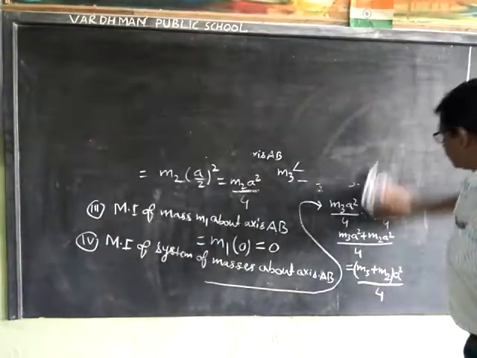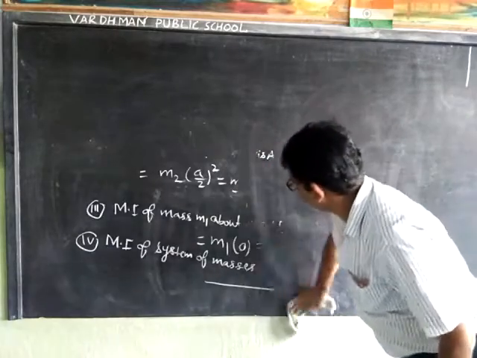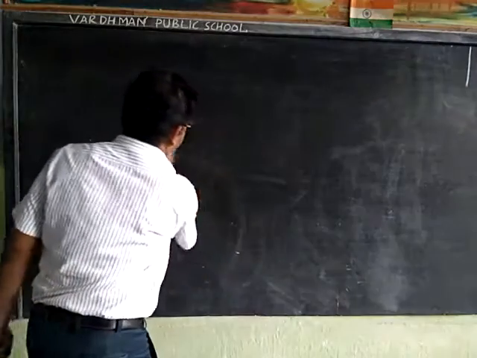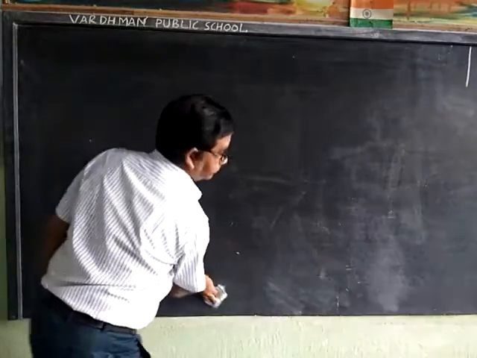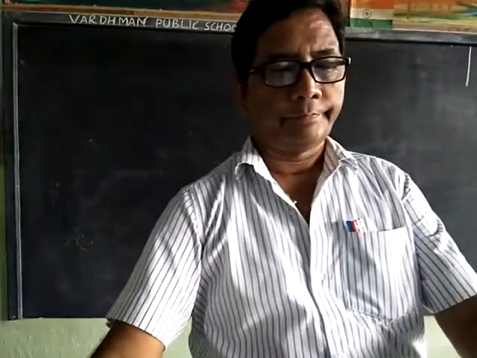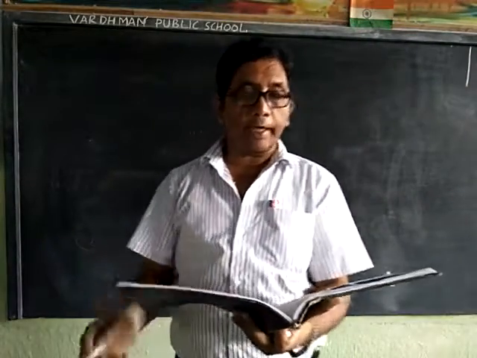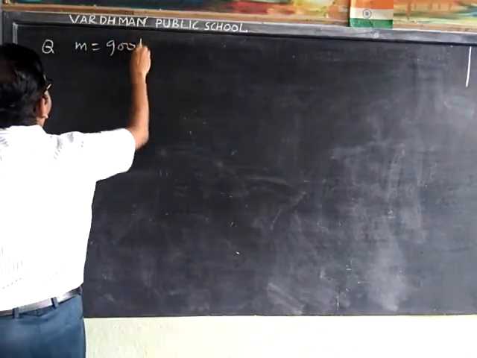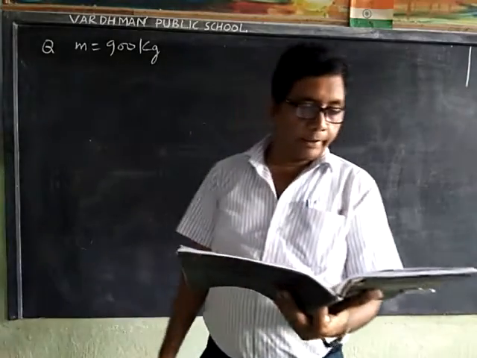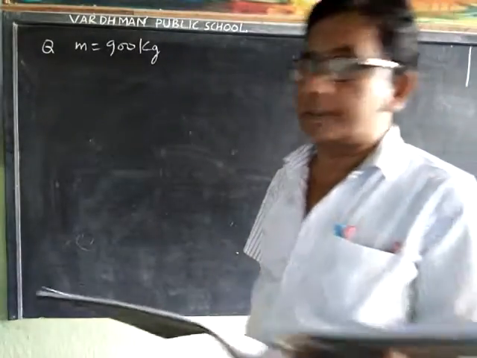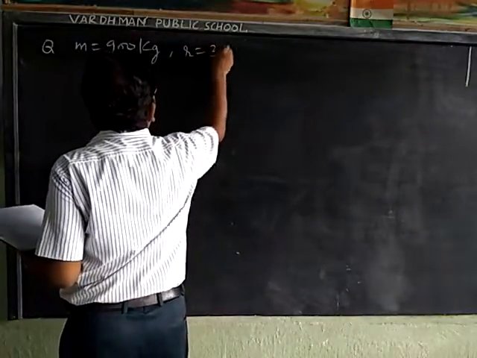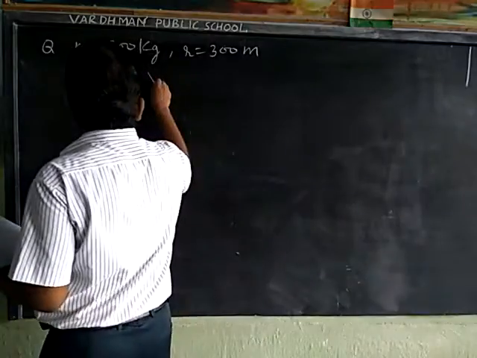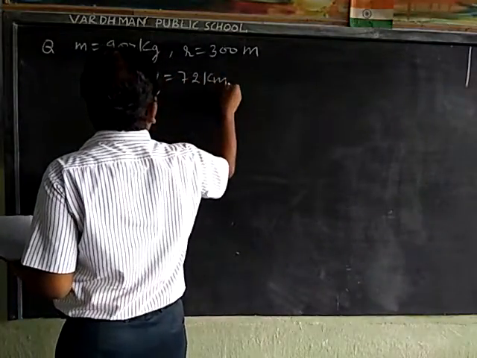Our next question is, a car of mass 900 kilogram is traveling around a circular path of radius 300 meter with a steady speed of 72 kilometer per hour.